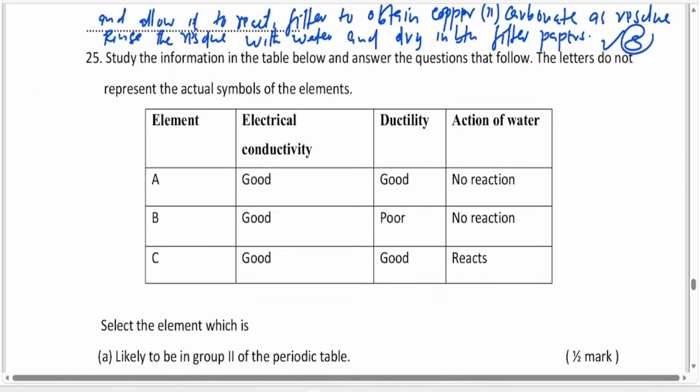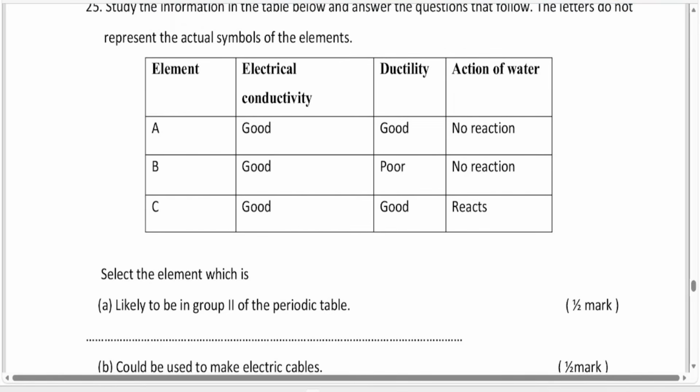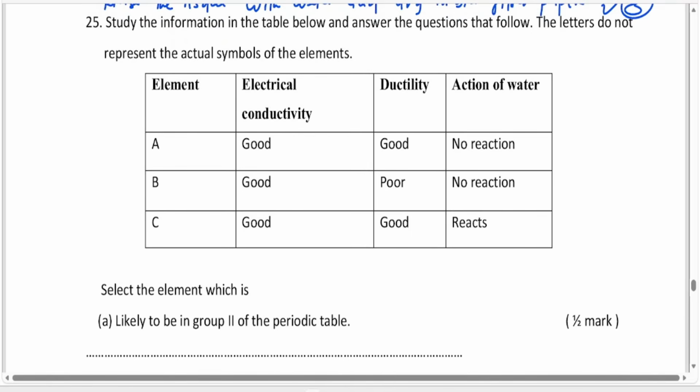Question number 25. Study the information in the table below and answer the questions that follow. The letters do not represent the actual symbols of the elements. We have element, electrical conductivity, ductility, and action of water.